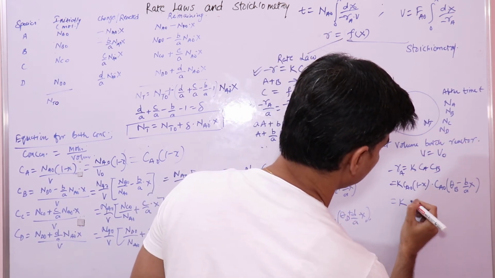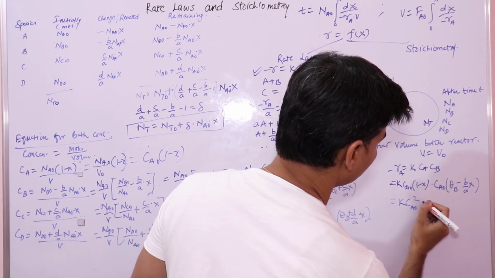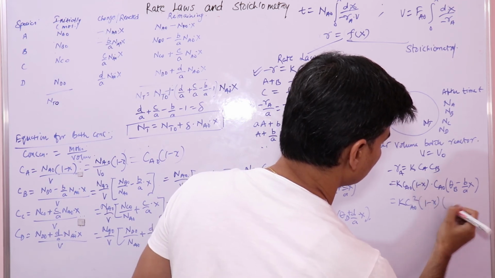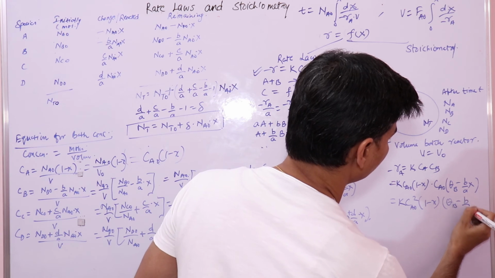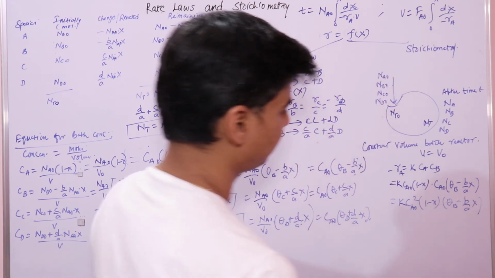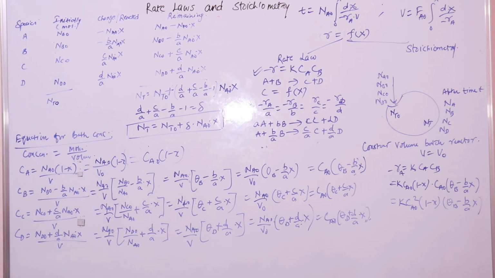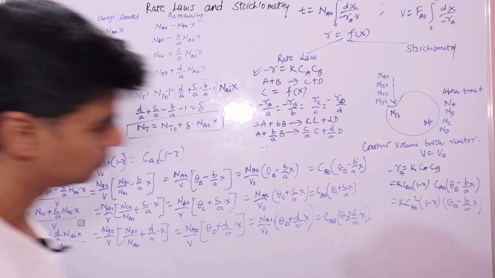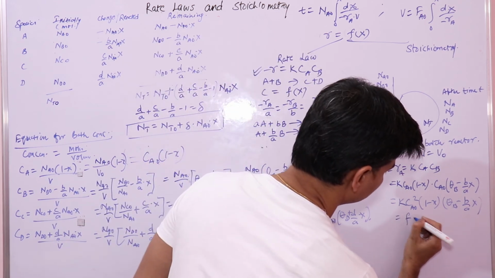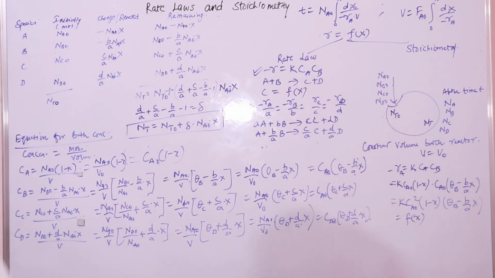This will come out to be K Ca0 square (1 minus X)(theta B minus b upon a X). So we have expressed it in terms of conversion X, and this is what we want to achieve. I hope this is clear.